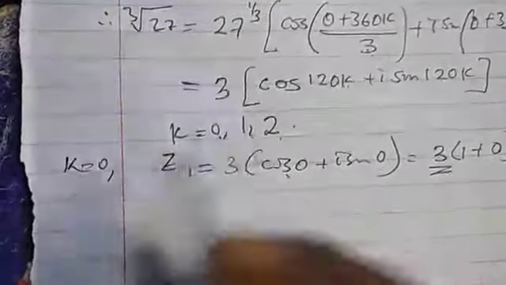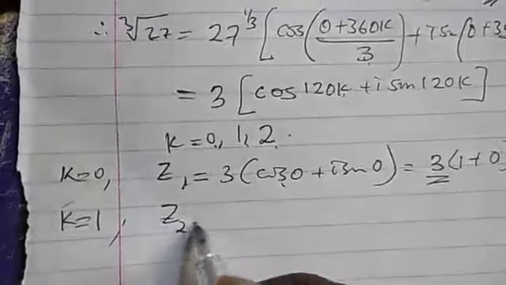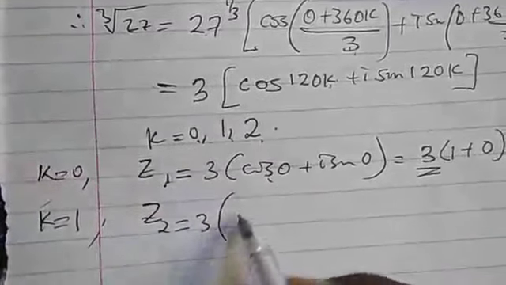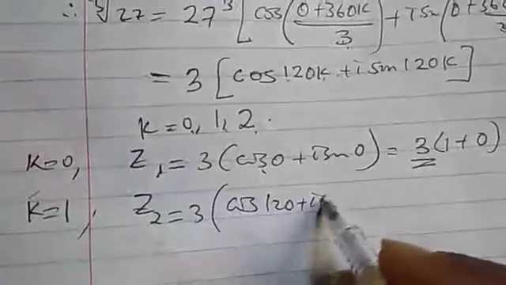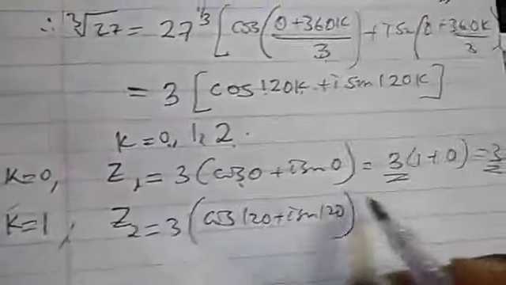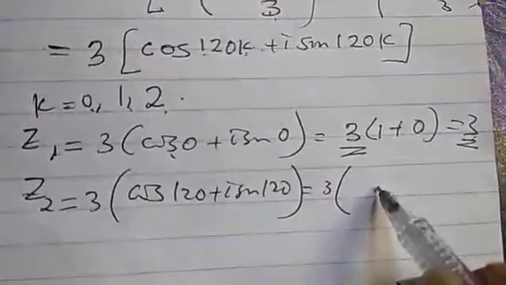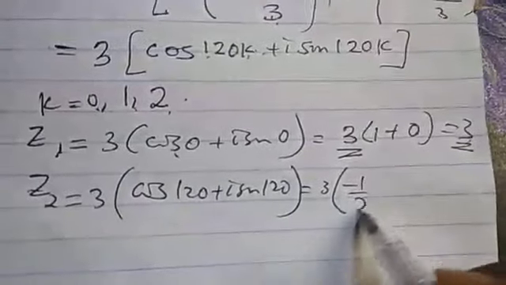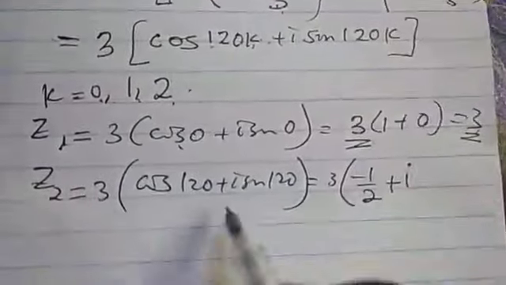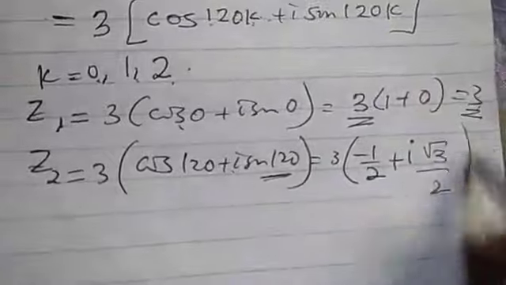The next one, we find the value for k is 1. For k is 1, our z2 will be 3 into cos 120 times 1, plus i sin 120. This is 3 into, when we find it from our calculator, cos 120 will give me minus half, plus i sin 120 will just give me root 3 over 2.